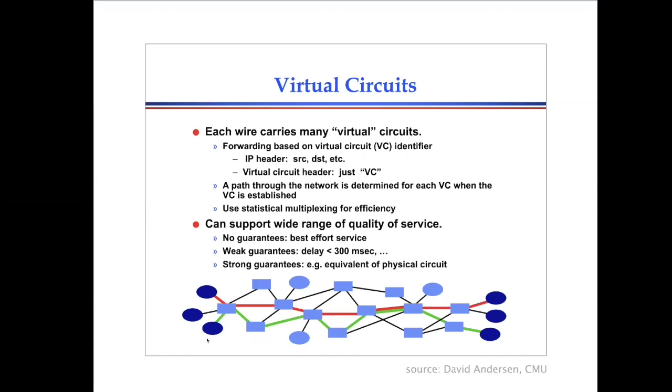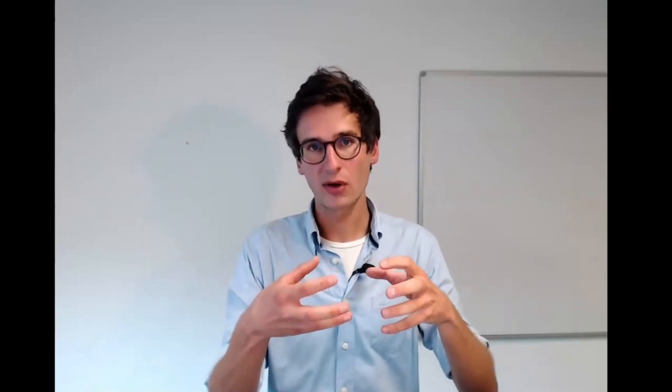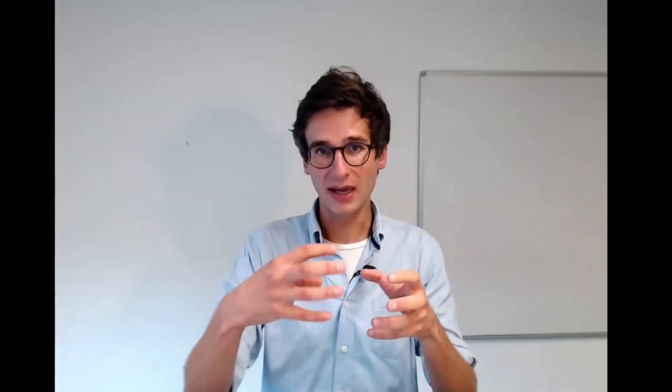But the cool thing here is that we can modulate, if you want, the kind of guarantee we give to these connections by playing, for instance, with how many of these connections we put on each link. We can actually fix the path, at least with some protocols, we can precisely figure out the path where we put these connections. And by modulating the amount of multiplexing of these connections we have on each link, we can get anything from no guarantee.